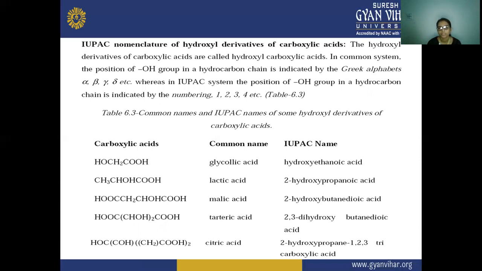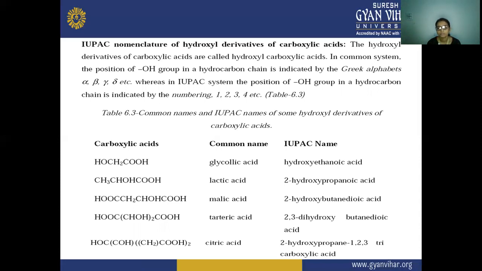A hydroxyl derivative means that in the chain a carboxylic acid is present and the hydroxyl group is also present, meaning the OH group and the COOH group are both present. The hydroxyl derivatives of carboxylic acids are called hydroxy carboxylic acids.